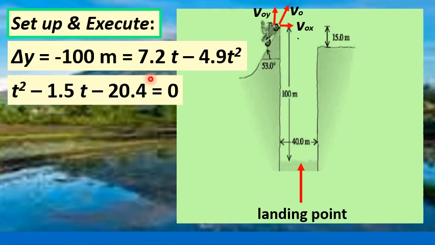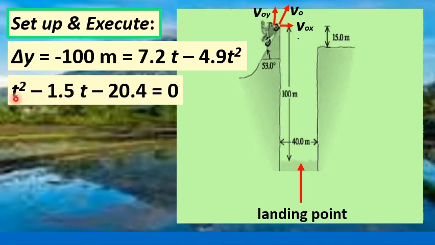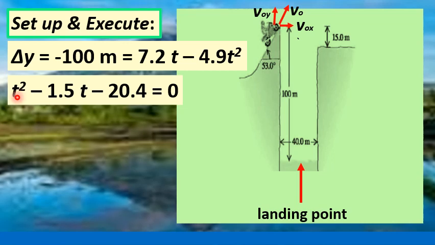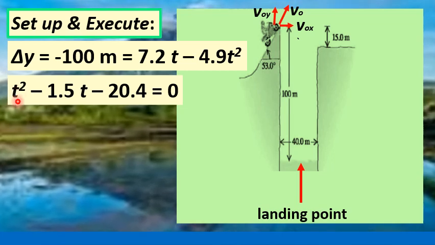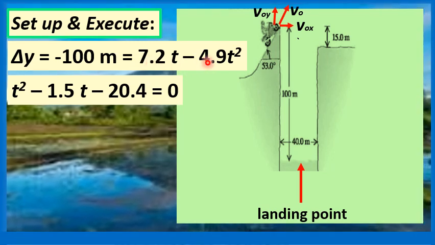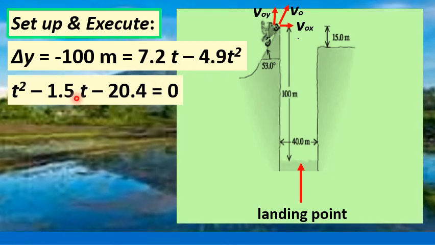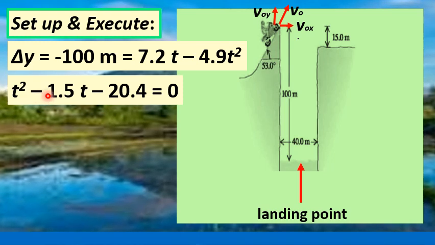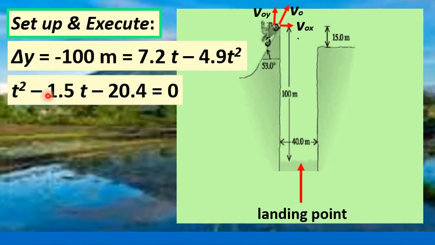We want the numerical coefficient of t squared to be just equal to 1. So when we divided 7.2 by 4.9, what we got is negative 1.5t.